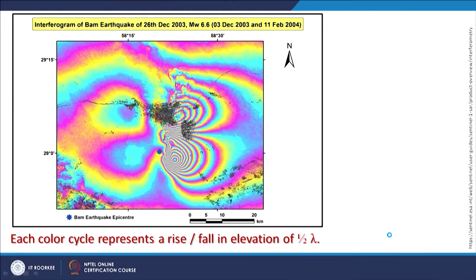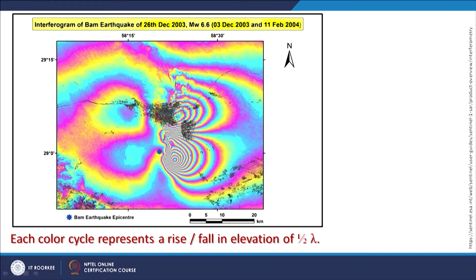Let me give you one very beautiful example: ground deformation induced by an earthquake event which occurred on 26 December 2003 in Bam, Iran, with a magnitude of 6.6. A pair was taken, one scene of 3rd December 2003 and another of 11th February 2004.